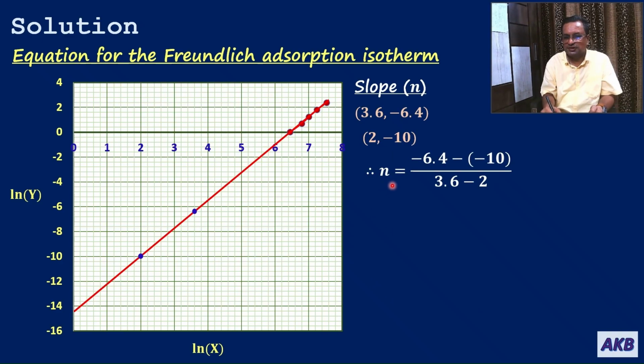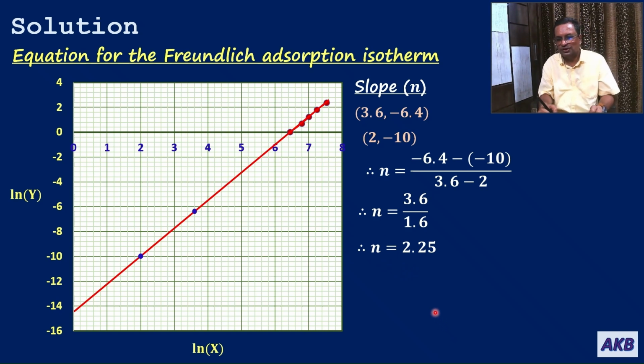Slope is y2 minus y1, that is minus 6.4 minus minus 10, divided by x2 minus x1, that is 3.6 minus 2. Therefore n is equal to 3.6 divided by 1.6, and n comes out to be 2.25. So the slope of the straight line is 2.25, and the slope in this case is nothing but the constant n.